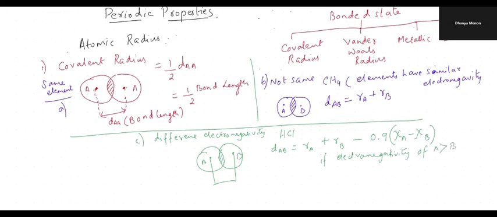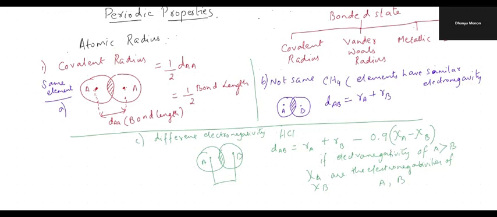So xi A and xi B are the electronegativities of A and B respectively. So in case of hydrogen chloride, we can use this formula if the electronegativity of A and B is known.